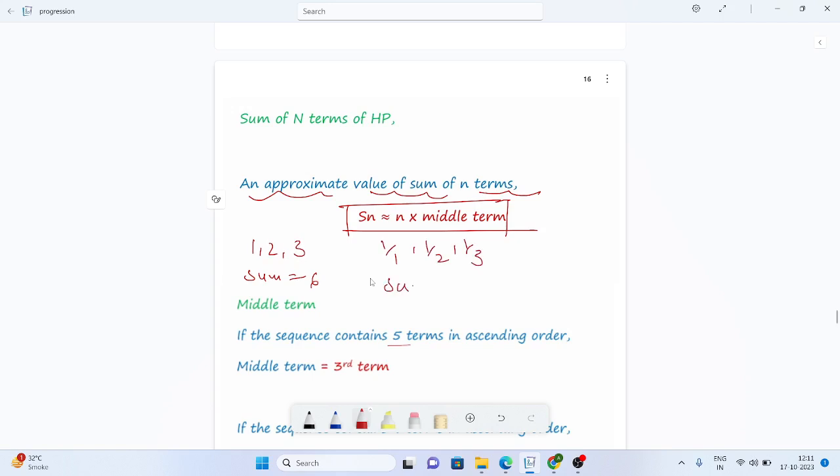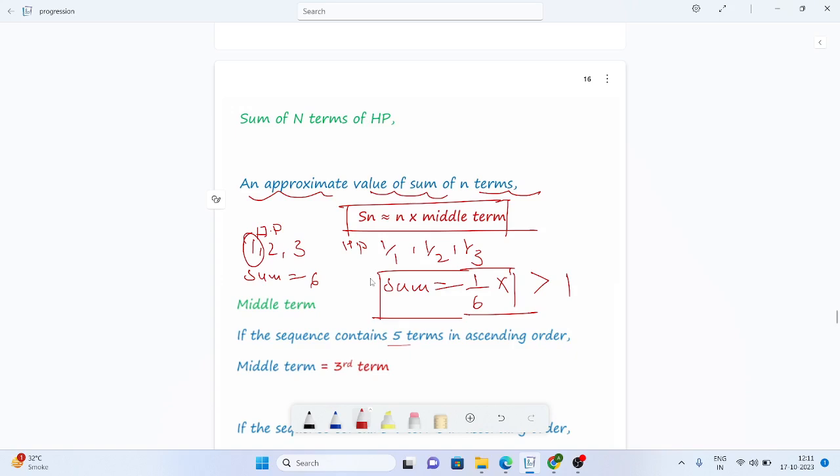So they write the sum as 1 by 6, but this is wrong. The sum is definitely greater than 1. So you find the terms by reciprocal, this is the first term of AP so this is the first term of HP, but you don't get the sum from here. Okay, so you have to remember this.